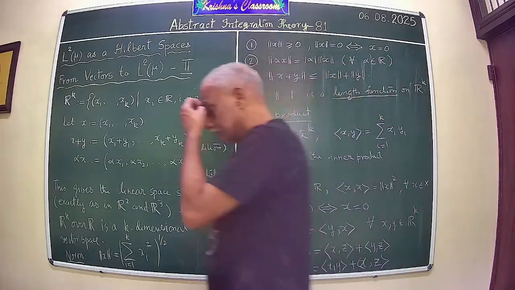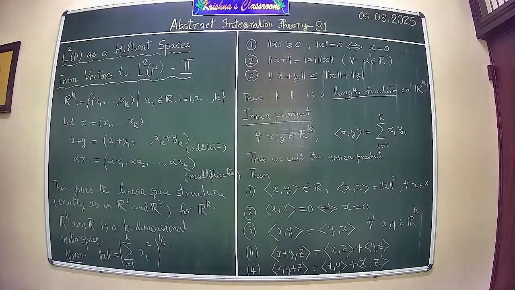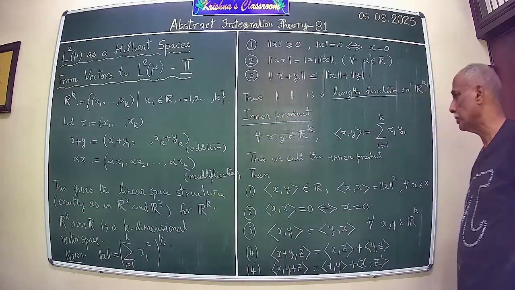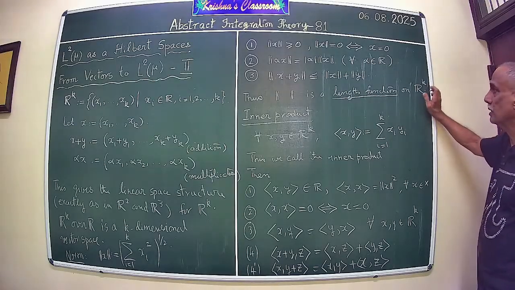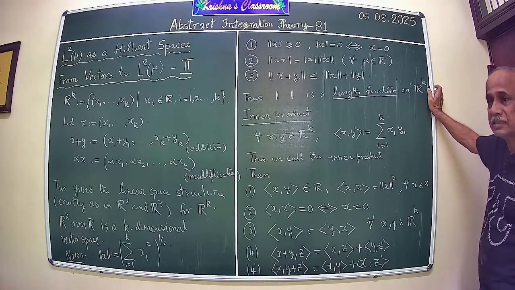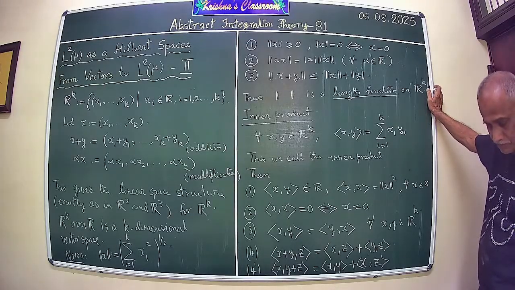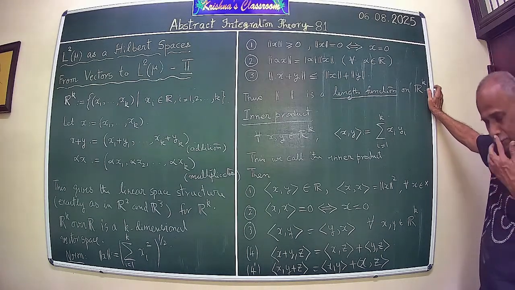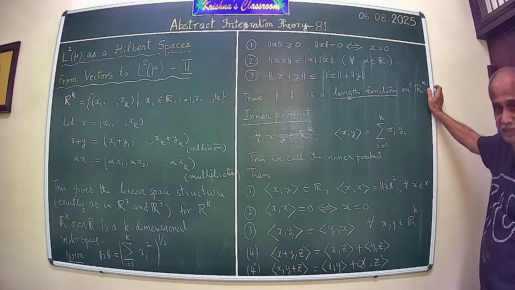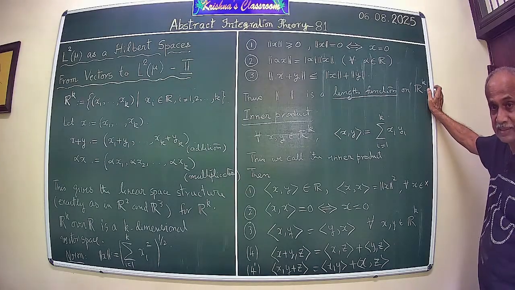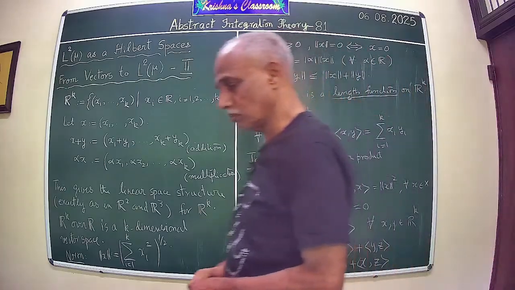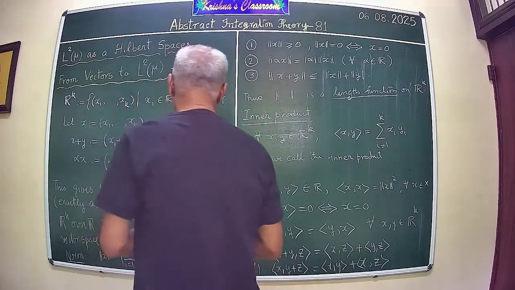Now, what we do is, this is a finite dimensional, k-dimensional vector space over R. Now, you see that it is equally well possible to consider the associated field as C, the field of complex numbers. So we now go further, one more step.